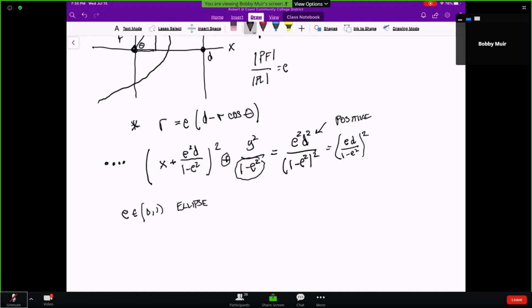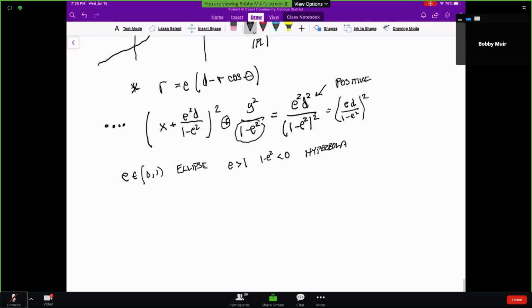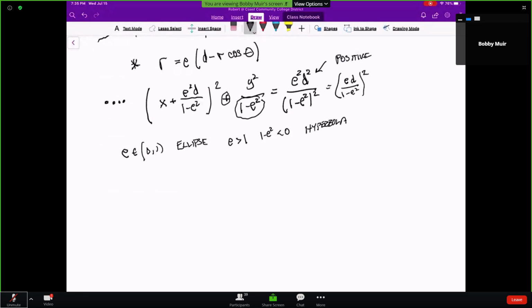Okay. Now, if E is bigger than 1, 1 minus E squared would be negative, and so we'd have a negative sign in between those two, hyperbola. Okay. Now, I'll let you guys study and read up on that.